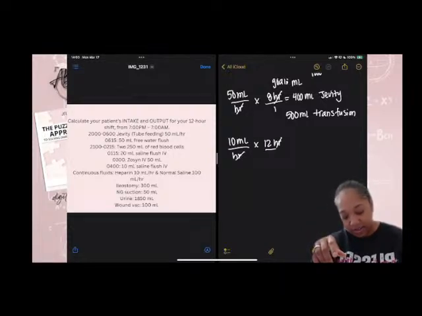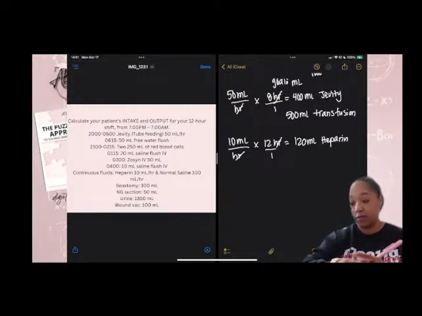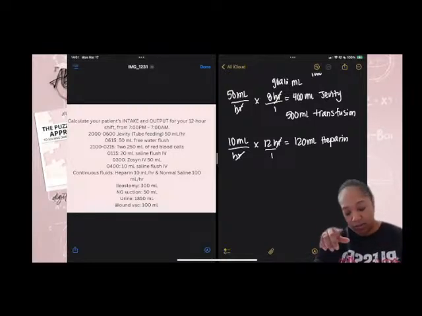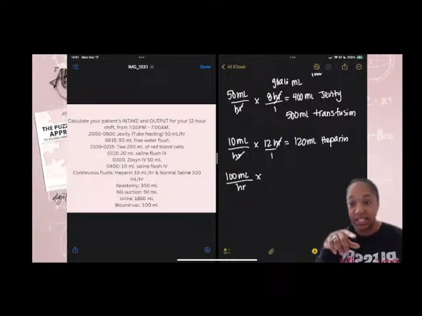Our hours cancel out, and that's going to give us 120 milliliters of heparin. We'll do the same thing for the normal saline. We've got 100 milliliters per hour going of normal saline. It's going for 12 hours.